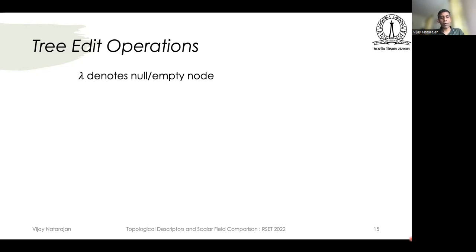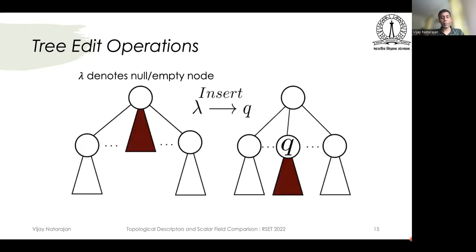In the following discussion, I use the term lambda to denote an empty node or a null node. An insert edit will insert a node Q into a tree. Very simple.